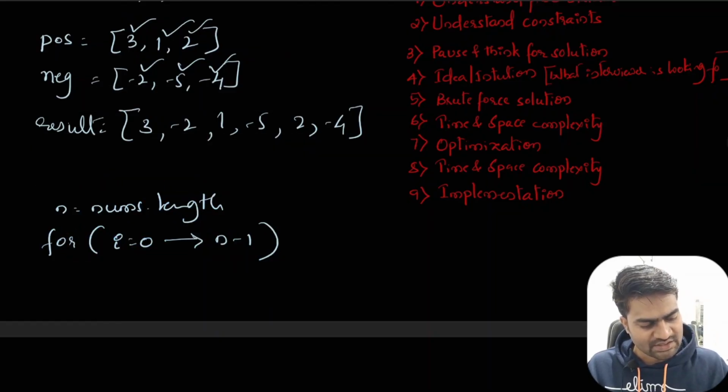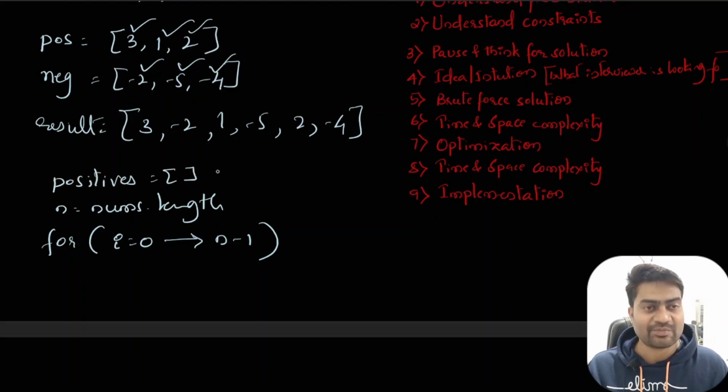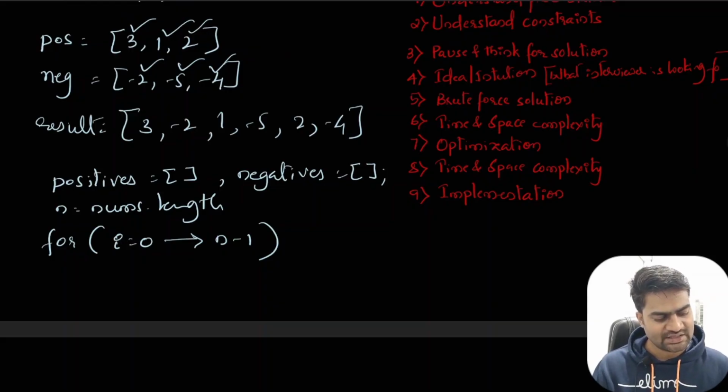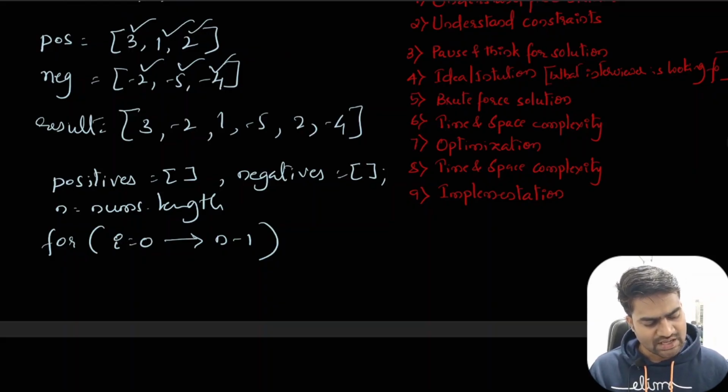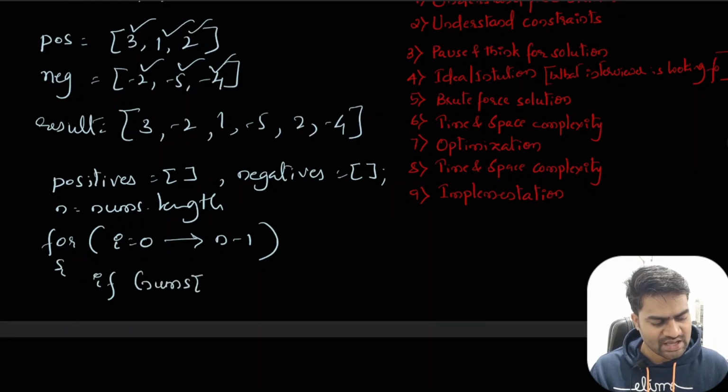So I will take a positives array, an empty array. Then I will take a negatives empty array.